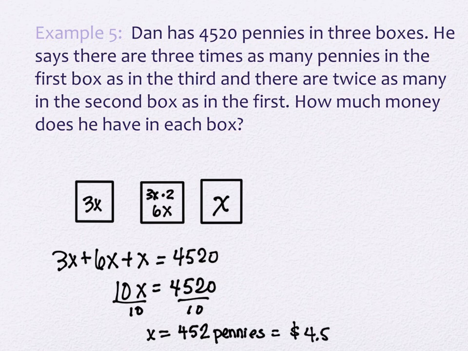Well, $4.52, right? And then I can multiply by 3 for the first box and multiply by 2 for the middle. I end up getting 13.56 and then 27. That's right, 27.12 in the middle. So I didn't show all the steps, but you'll forgive me for that, right?